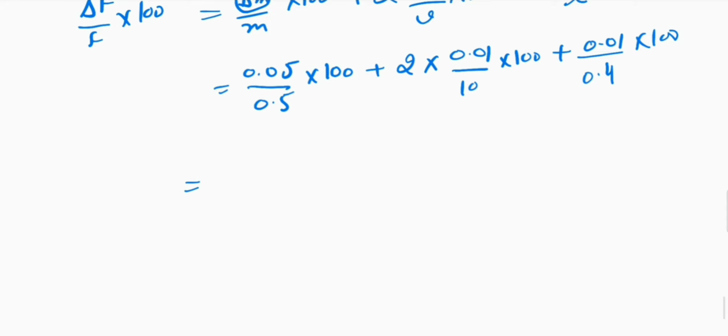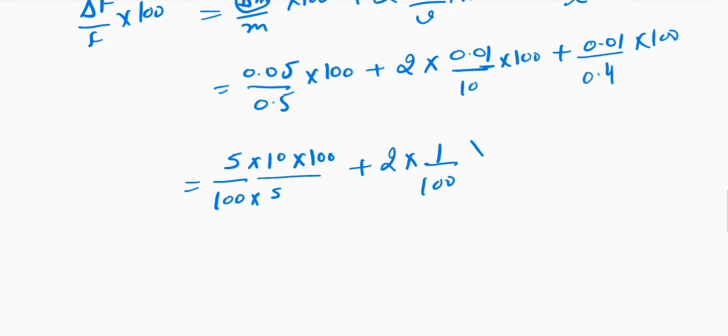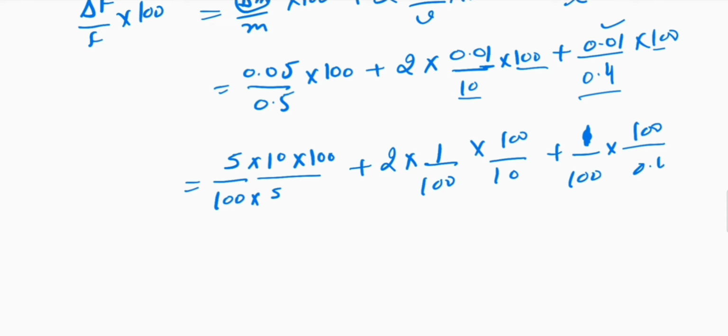We can solve this and we'll get 5 divided by 1000 multiplied by 5, and this 10 will go up, multiplied by 100, plus 2 times 1 divided by 100 multiplied by this 100, and this 10 will come down, plus, this I can write as 1 divided by 100 multiplied by this 100 divided by this 0.4.